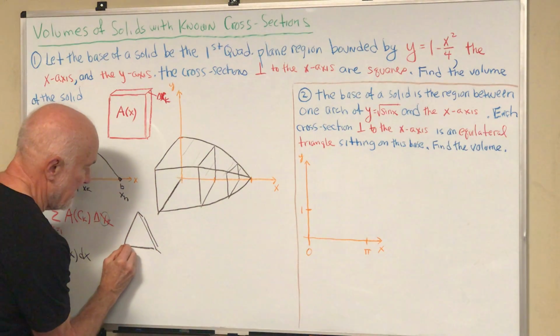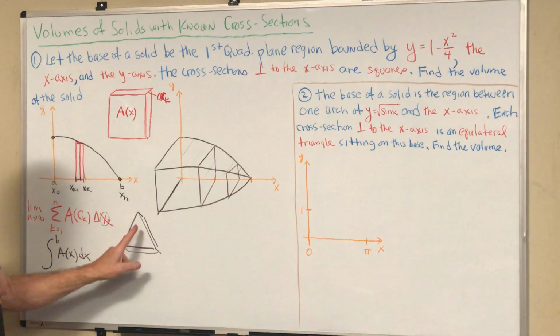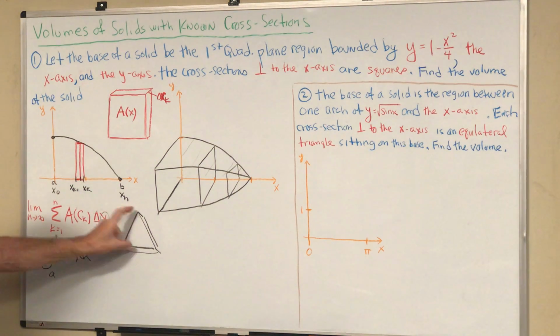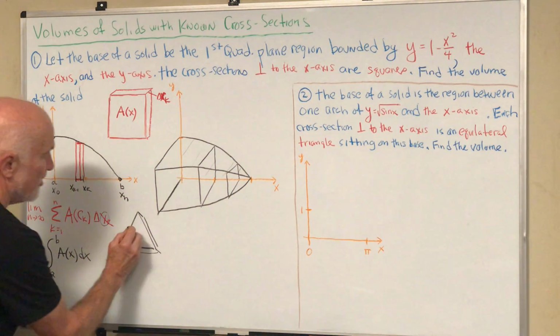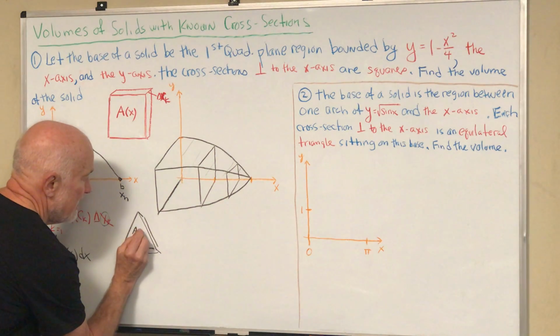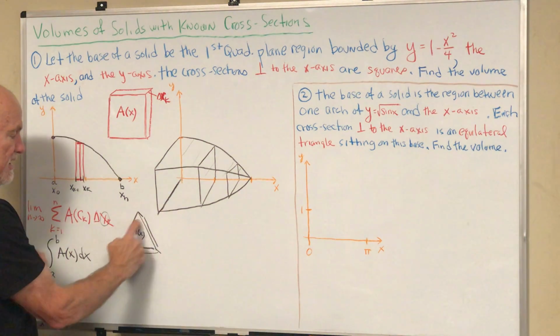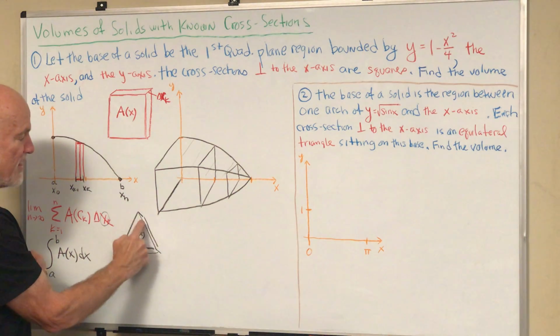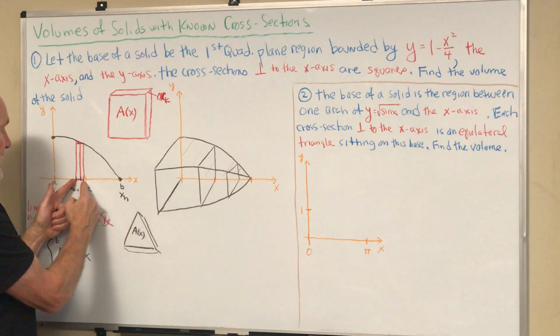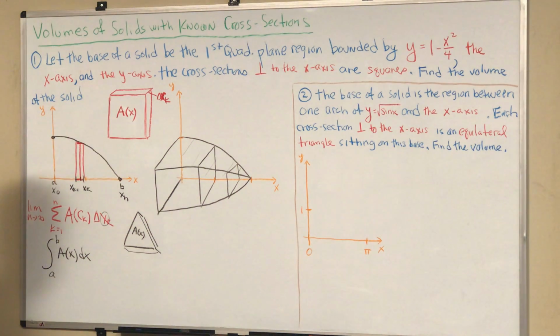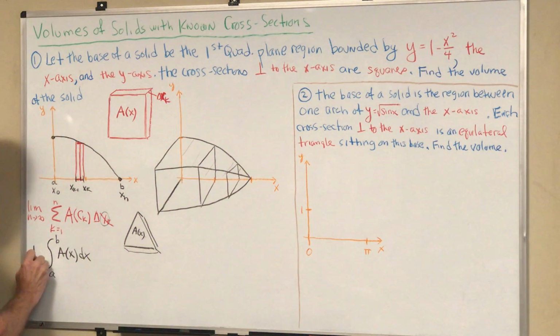Because to get the volume of this three-dimensional figure made from an equilateral triangle, you're still going to take the area of this base, the two-dimensional, and multiply by that third dimension, which is always going to end up being this delta x sub k. So we've got a formula.